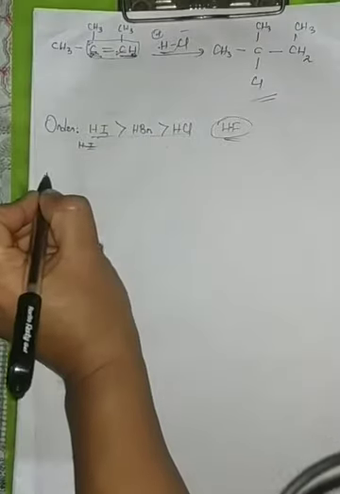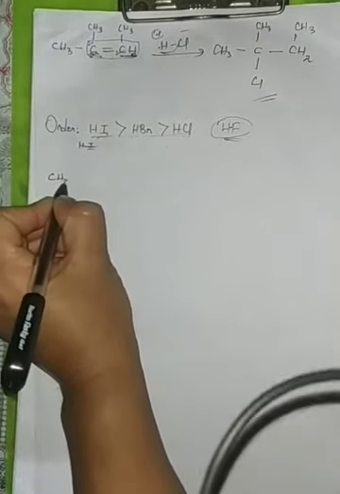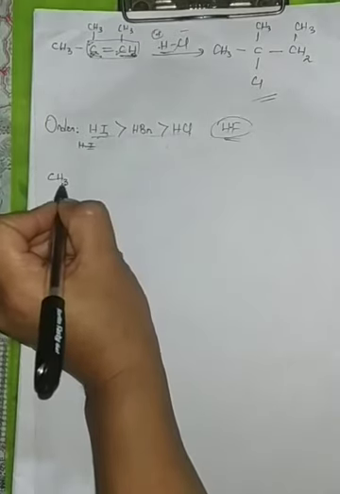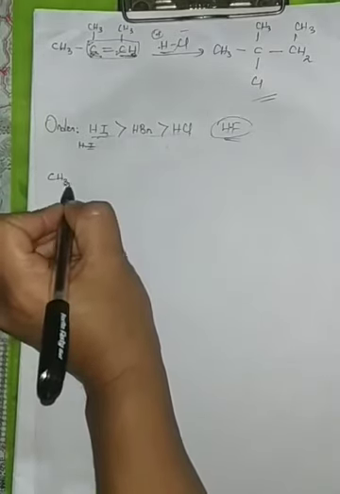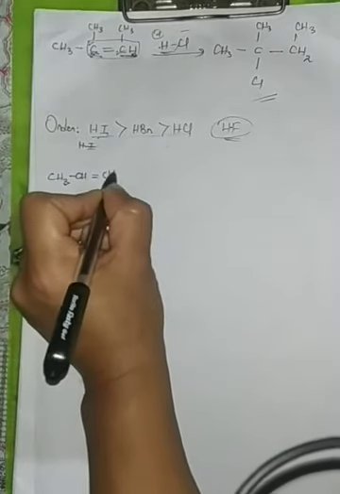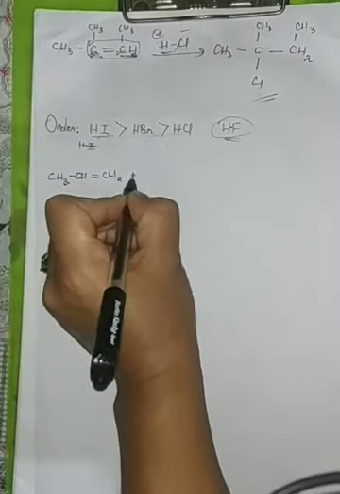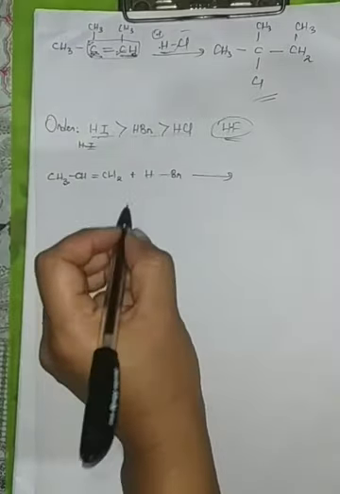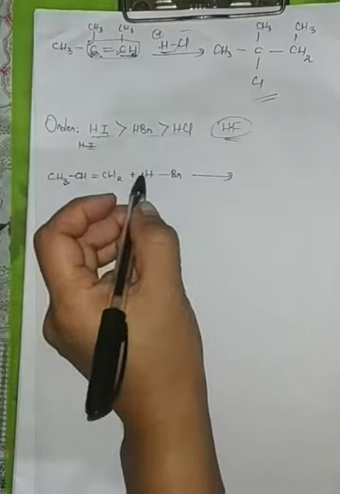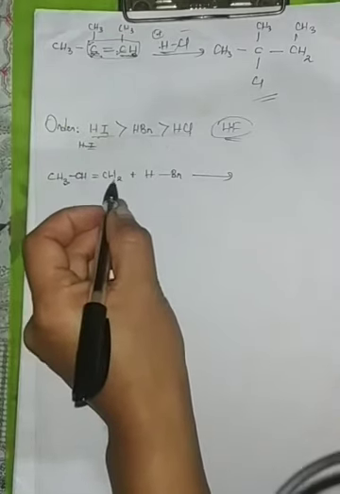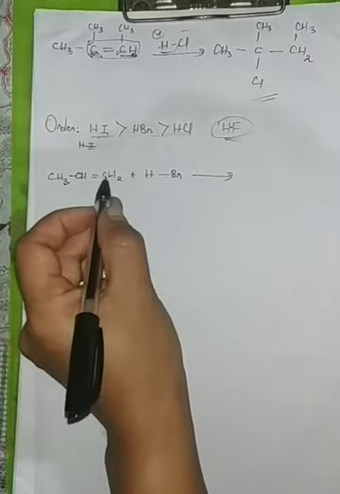Now let's check one more example here. This is an important example. This example I've done in the first page, that is CH3 CH double bond CH2. Now when it reacts with HBr, what was our product here? According to Markovnikov's rule, the electrophile should attach to the carbon atom having more number of hydrogen atoms.